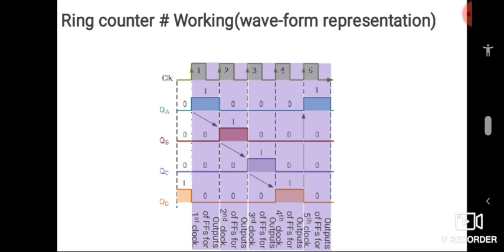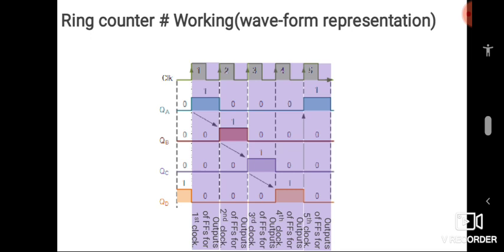It has various applications. For example, if you simply connect this ring counter with a series of 4 bulbs, let's say you have taken 4 bulbs, or 4 different colors, you can choose any of your choice, and the outputs of these flip-flops QA, QB, QC, QD are connected with those bulbs.